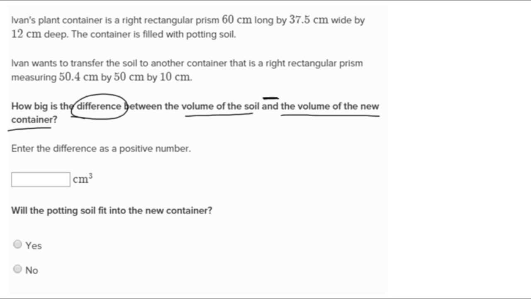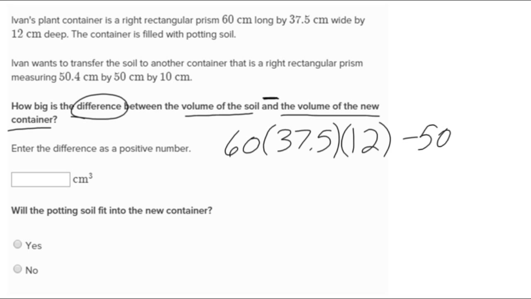So you're going to have 60 times 37.5 times 12 minus 50.4 times the other one, 50 times 10.